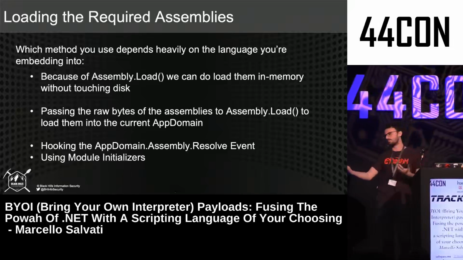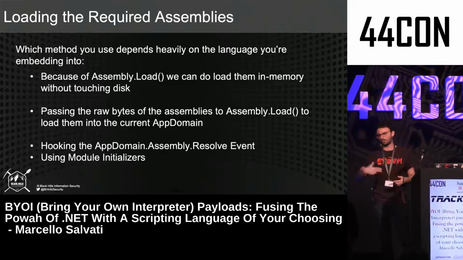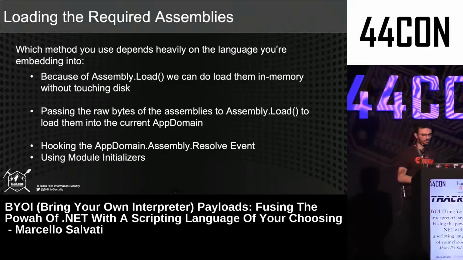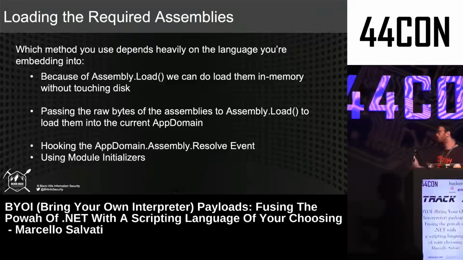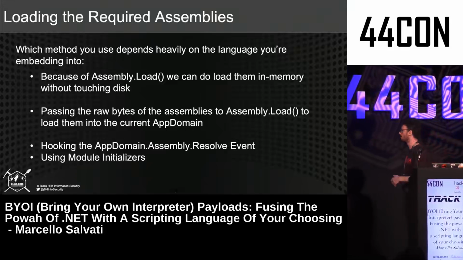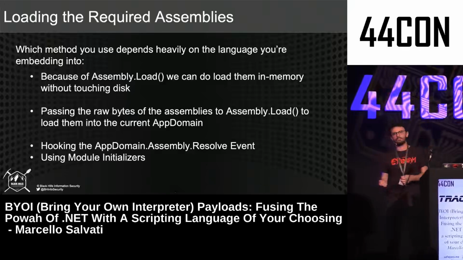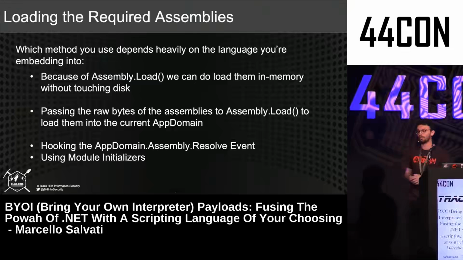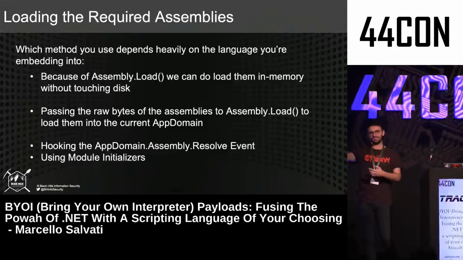IronPython, for example, requires 4 DLLs to run. Booleang requires 3. ClearScript, which I'll be talking about, requires 1. So the problem arises: how do we get these to load at runtime, right? Well, thankfully .NET provides us with the AssemblyResolve event, okay? You can hook this event in .NET and put any logic you want into it, okay?